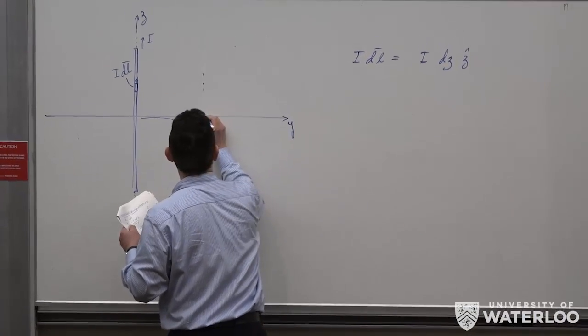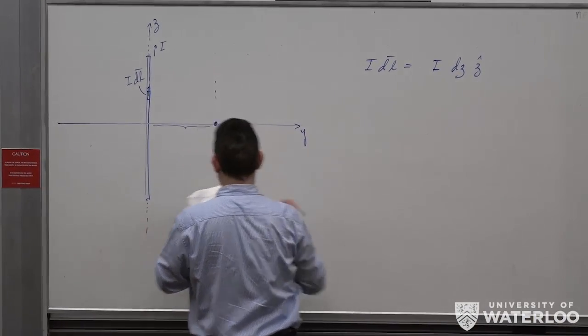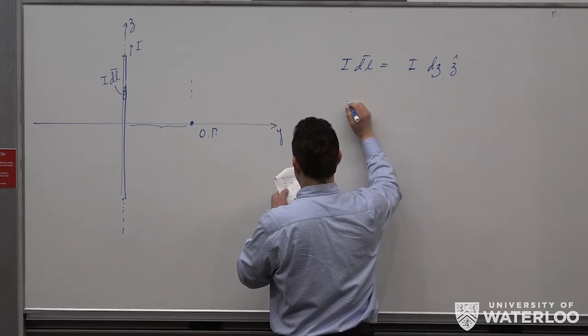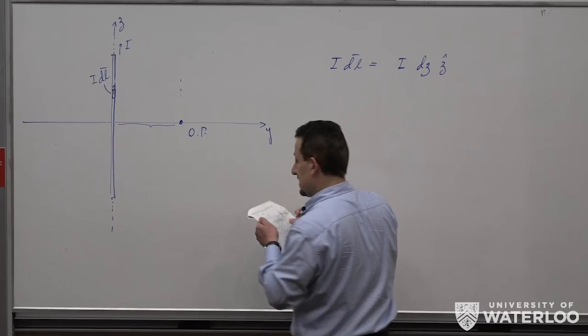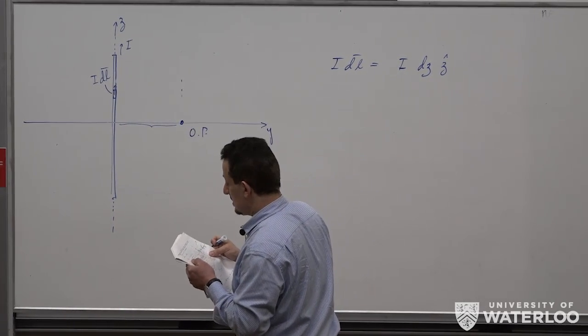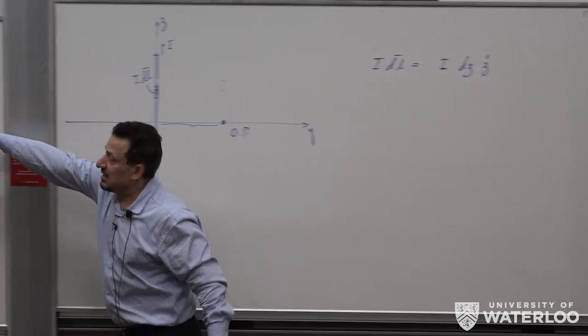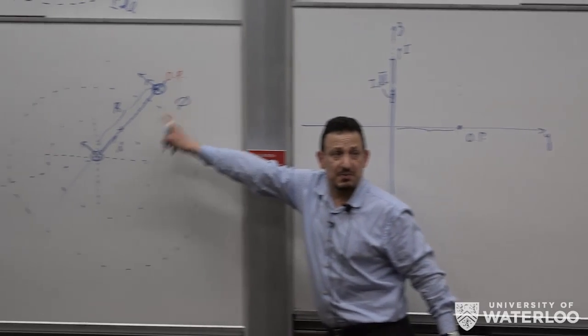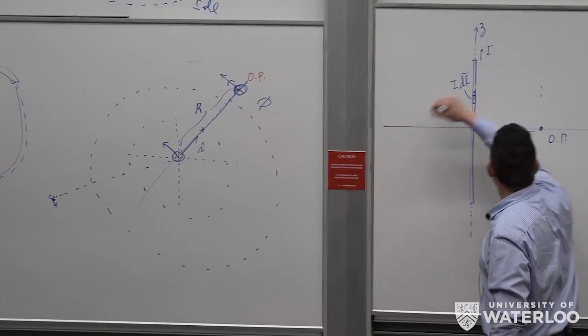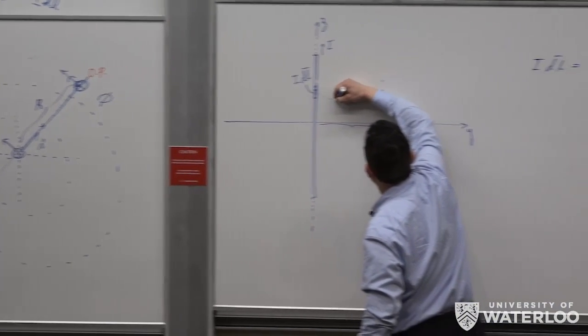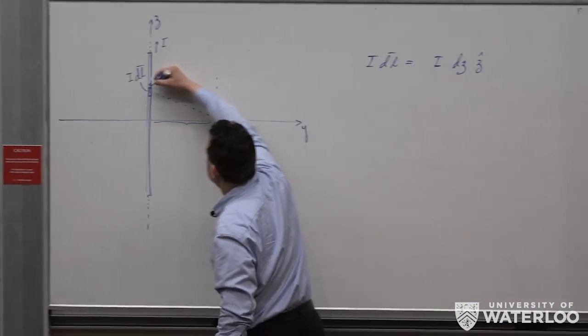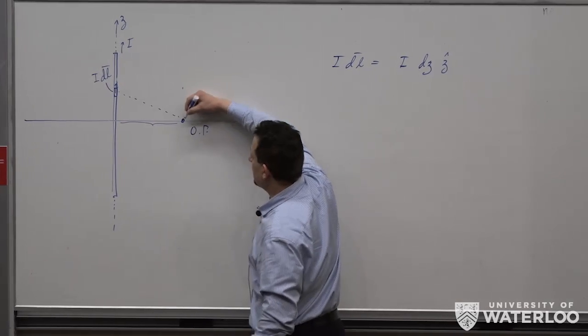So this is my OP, observation point. I need, this is my observation point. Look, I'm following the same template, the same thing I did here. I create a straight line between my IDL and my observation point.